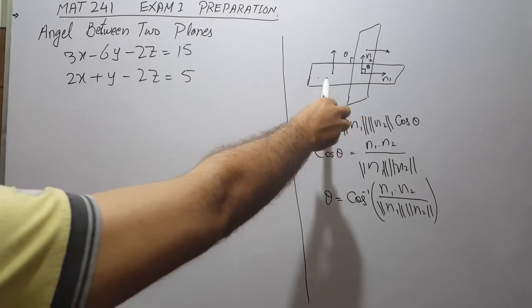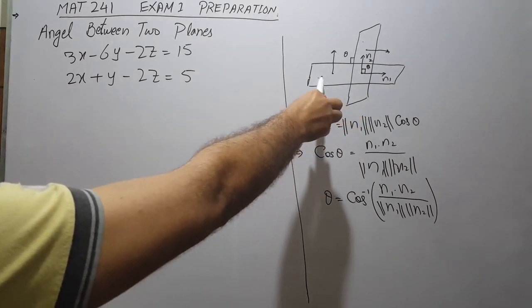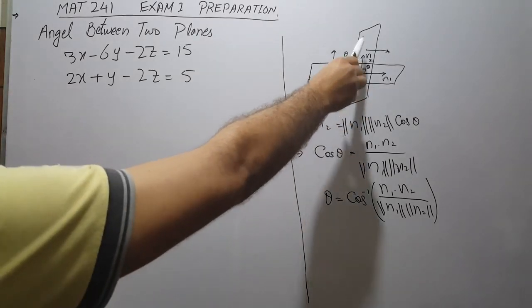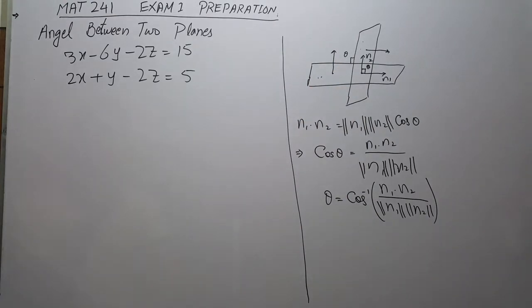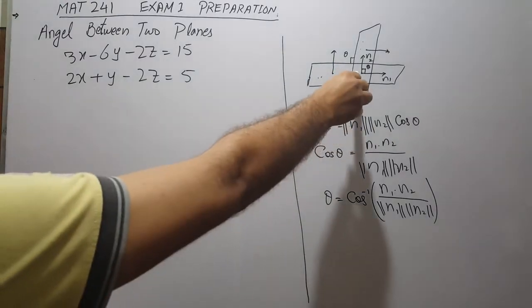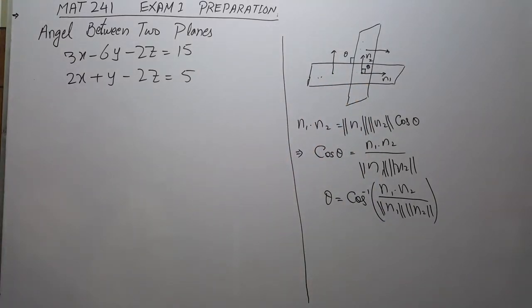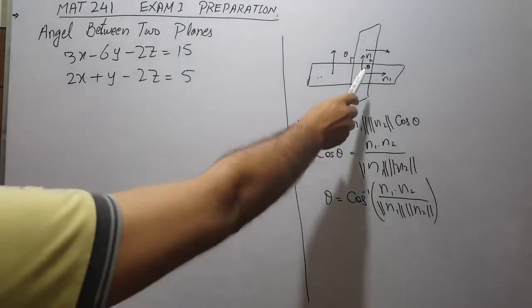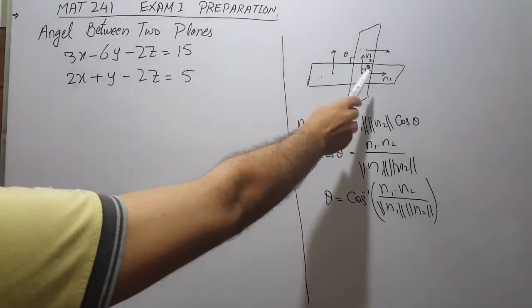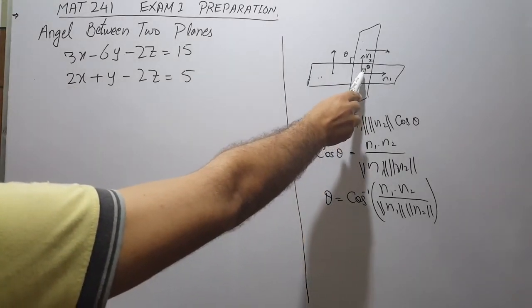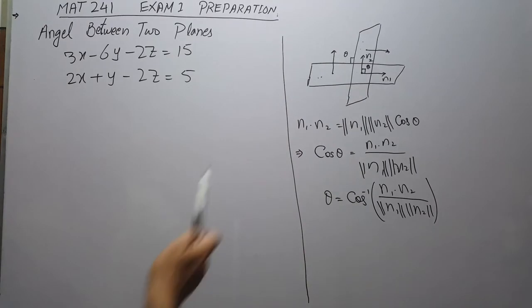If we take any one point on both the planes and then find out the normals of these two planes, n1 and n2, then it would be the same angle which is between the two planes and between their normals.